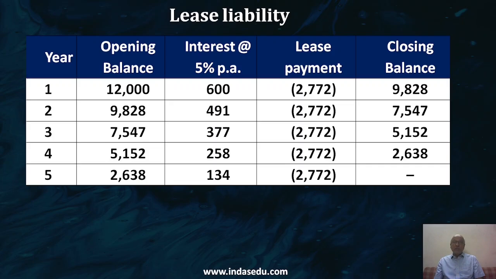That becomes the closing balance. So this closing balance becomes the opening balance for the next year, and this is how the process goes on. Every year, the interest is charged on the opening balance, and equal payment is made, 2772. That reduces the carrying amount of the lease liability, and the process goes on until at the end of the 5th year, the lease liability is zero.